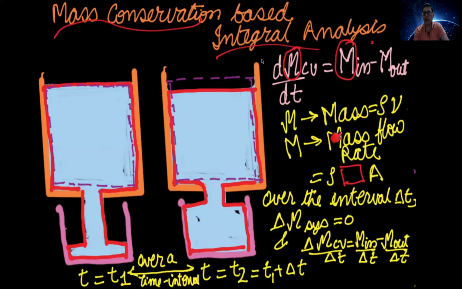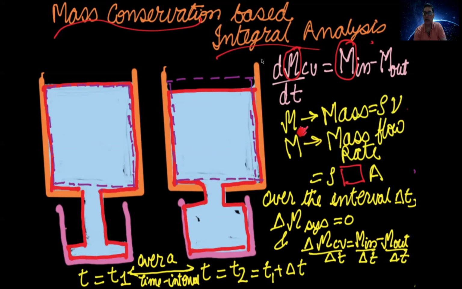Now here I am introducing an expression for mass flow rate. If you know this expression, you can obtain it by taking an analogy that in case of mass, you have the product of density into volume. Mass flow rate does not involve volume. It acts on the surface of the control volume.